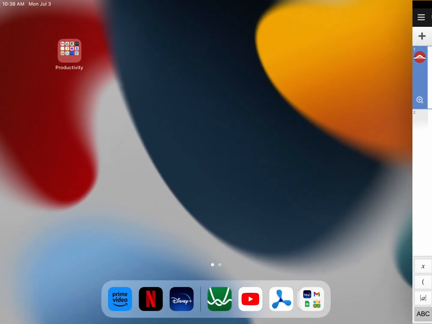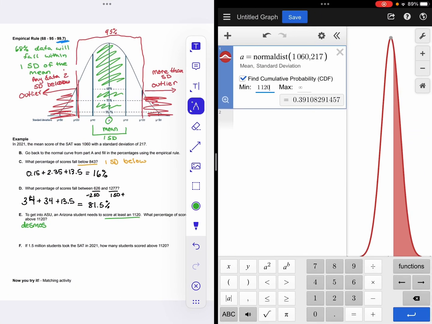Well, remember, we don't want 0.391, we want it as a percent. To turn it into a percent, we multiply by 100, and that becomes 39.1% of the students got scores above that cutoff score.